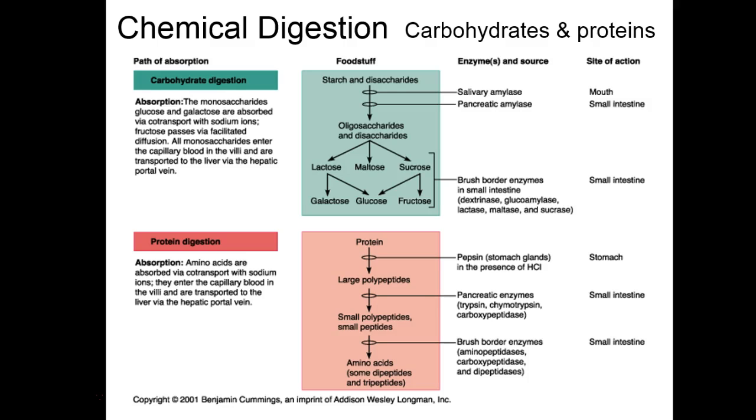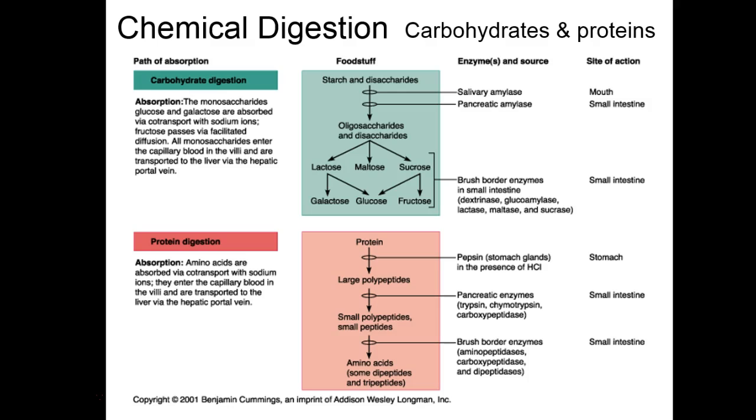Monosaccharides are absorbed via co-transport with sodium ions, except for fructose, which passes by facilitated diffusion. They enter the capillary and are then transported to the liver. Most of this is transported to the liver.